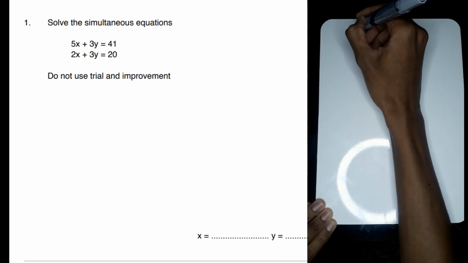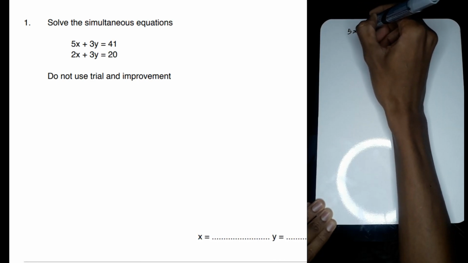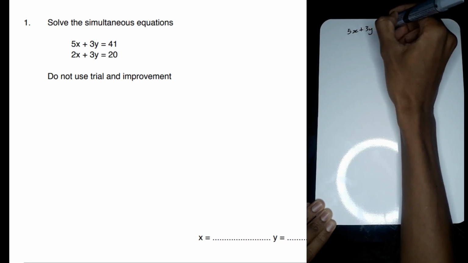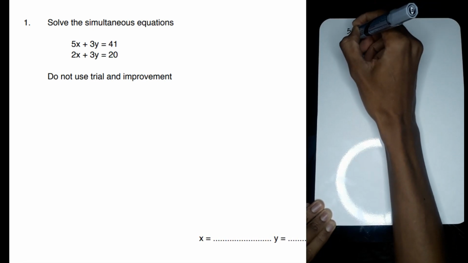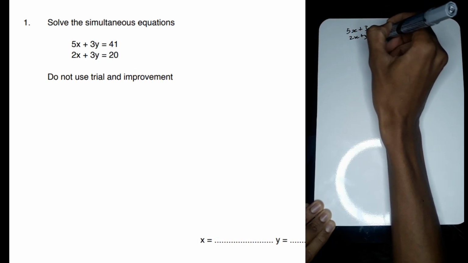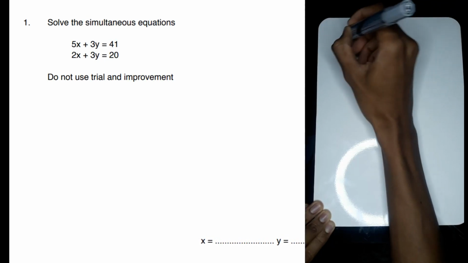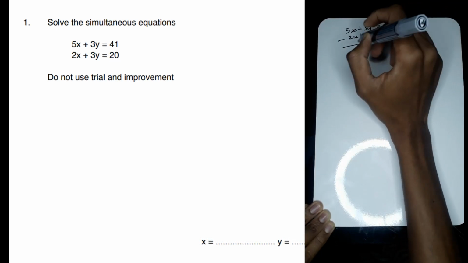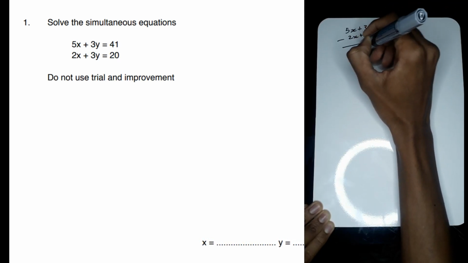So the equation is 5x plus 3y equals 41. That's the first one. And then the second one is 2x plus 3y equals 20. You just subtract them. And over here, you're going to be left with 3x.